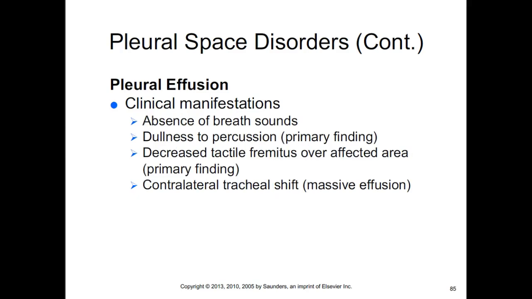You might see absence of breath sounds or dullness in percussion, which is one of the primary findings. Tactile fremitus is a vibration that indicates the accumulation of fluid, or what we call consolidation in the lungs. So if they say certain words, upon palpating the back of the lungs, you're going to feel a vibration. Contralateral tracheal shift if there's a massive effusion.